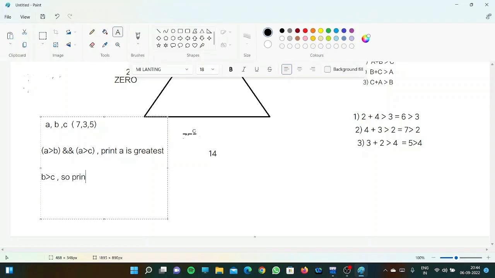So print B is not greater than C. Now the third condition, there is no need to check it because you know that A is greatest and B is the smallest. So C will be the second greatest.